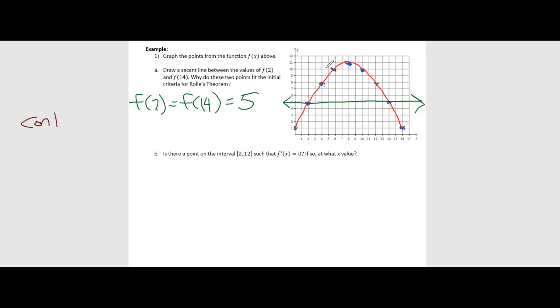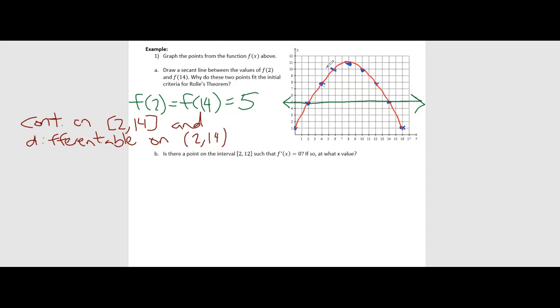So continuous on 2 to 14 and differentiable on the open interval 2 to 14. So those 2 points and the function f of x fit the 3 criteria for Rolle's theorem.